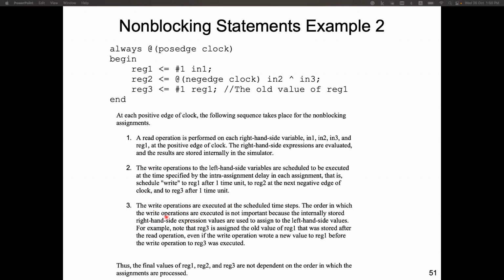In the write operation, the time for the write operation depends on the scheduled time steps specified here. The order in which the write operations are executed is not important, because the simulator has internal variables to hold those right-hand side values.